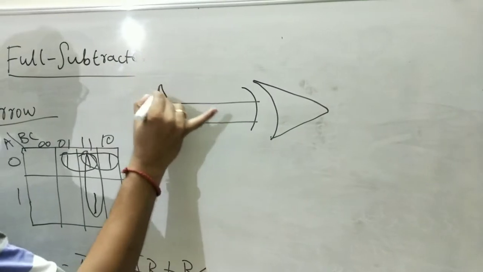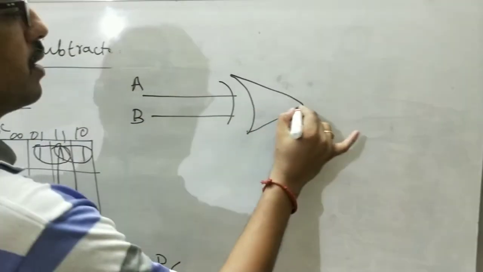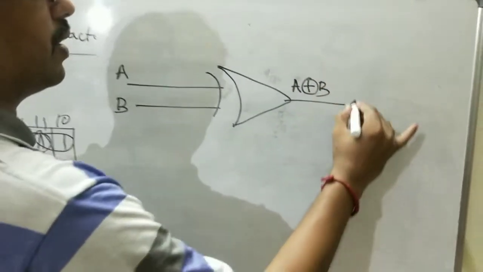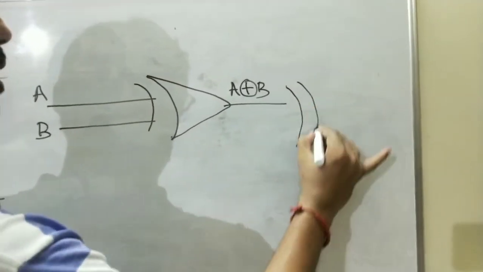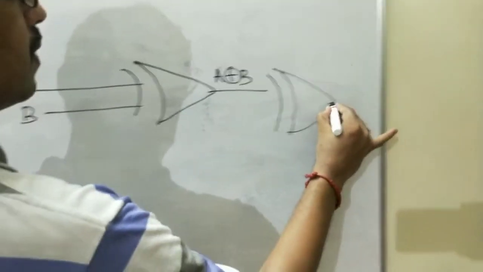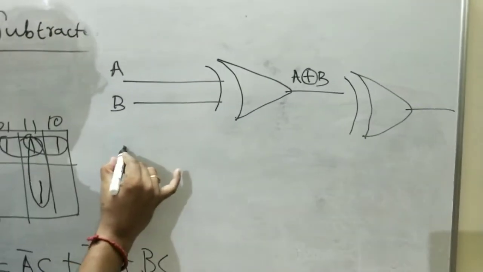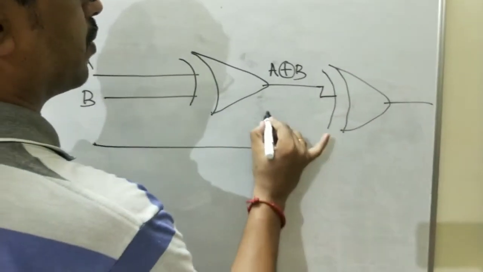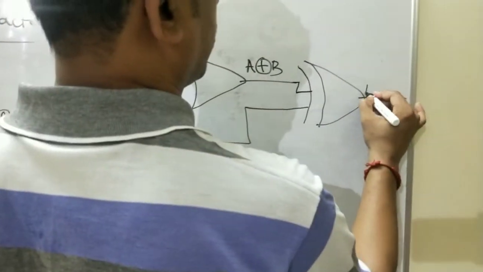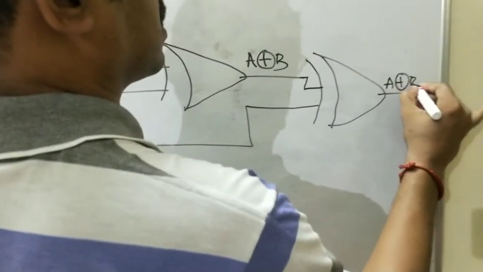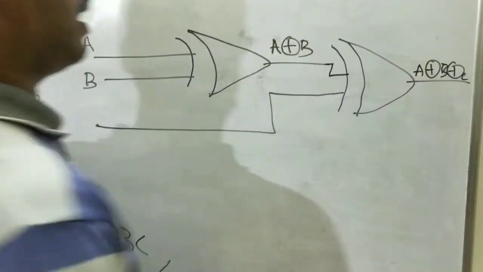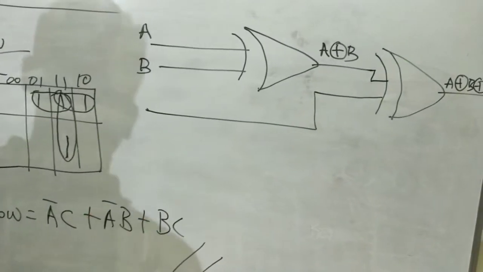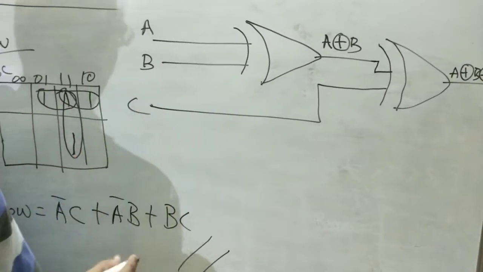So A, B, that is A XOR B, and then we need to take one more XOR here. C is coming here. So this is our difference, A XOR B XOR C. And then what is the borrow? Borrow we need to do.